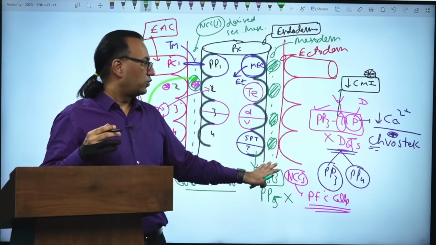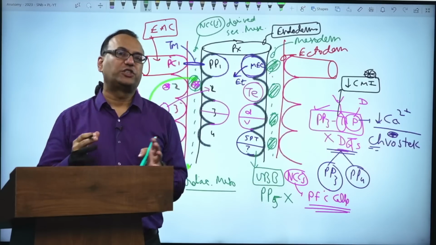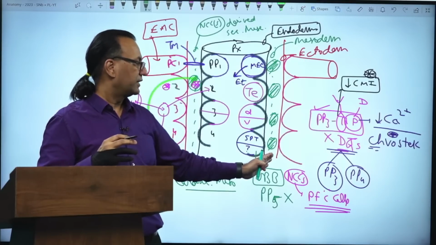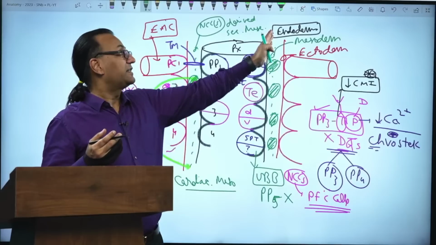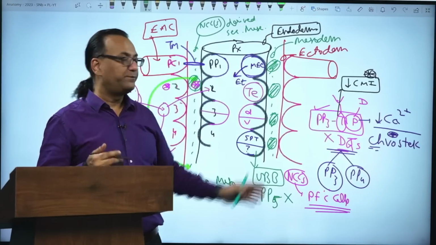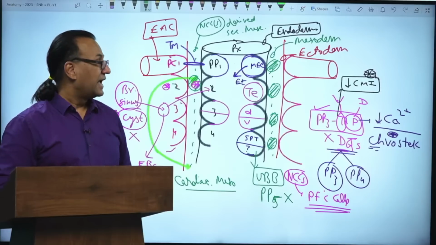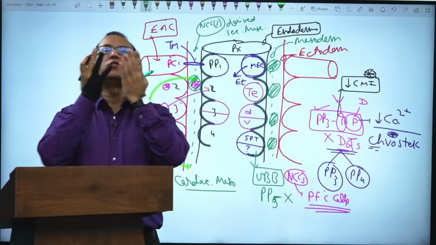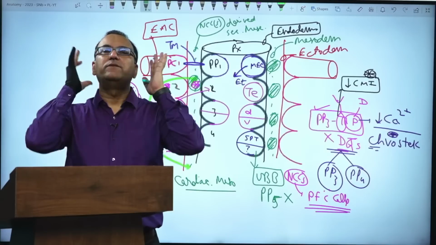Okay, so this is about the pharyngeal arches. Arches themselves are made up of mesenchyme, and mostly it is neural crest cell derived mesenchyme. But be careful, as I told you, most of the head and neck mesoderm is from neural crest cells.